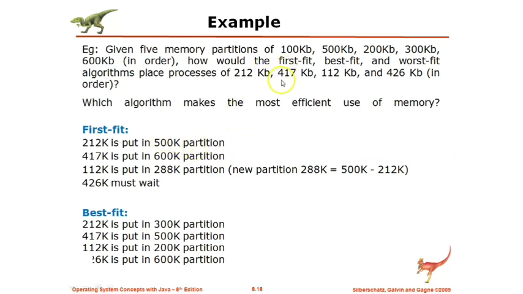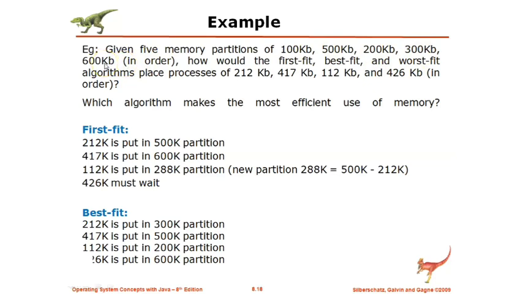The next process is 417 KB. Again in first fit it will search from the first memory partition. It is 100 KB, then 278 KB after subtracting 212 KB, the third one is 200 KB, the fourth is 300 KB and the fifth is 600 KB.